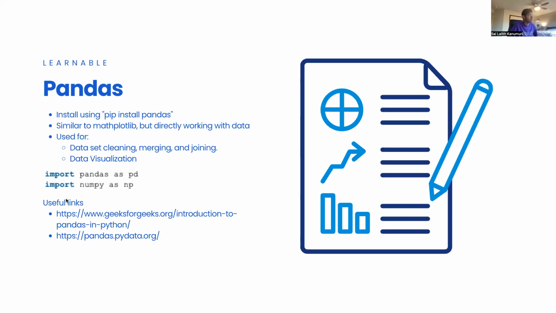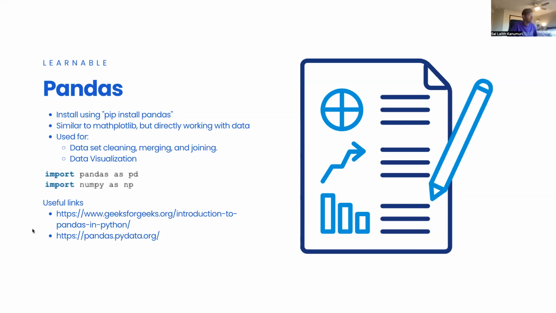And these are some useful links. Pandas is similar to matplotlib, but works directly with data: data set cleaning, merging, joining, data visualization, all that kind of stuff. But if you just look at the basics of pandas, it's basically just to print out data. So hopefully it won't be that bad.